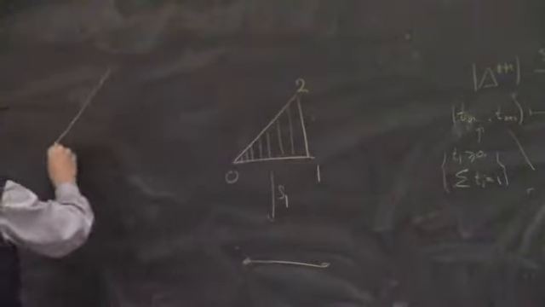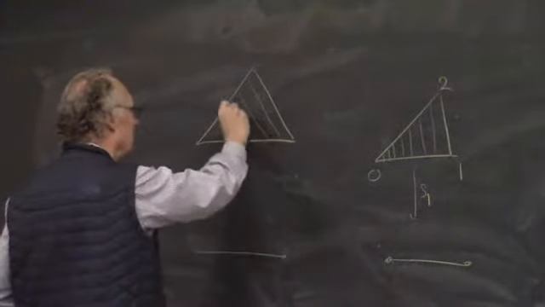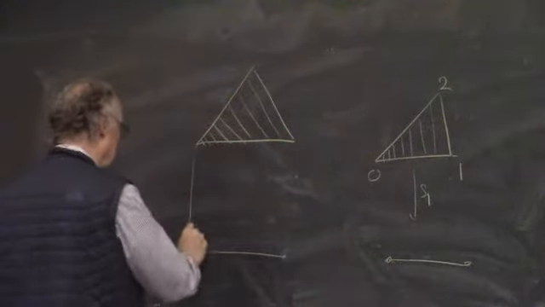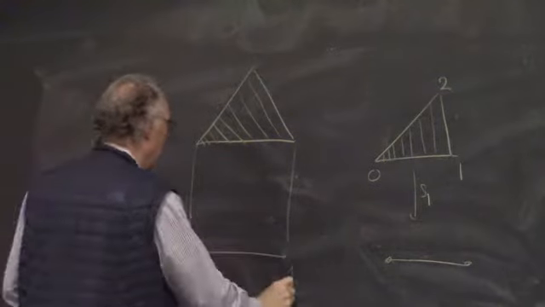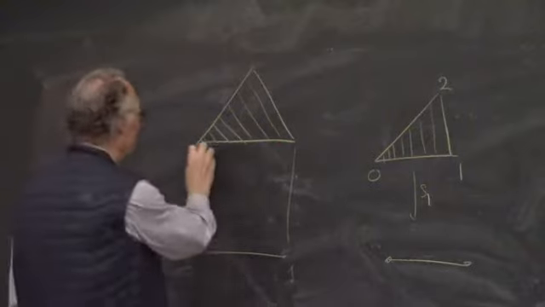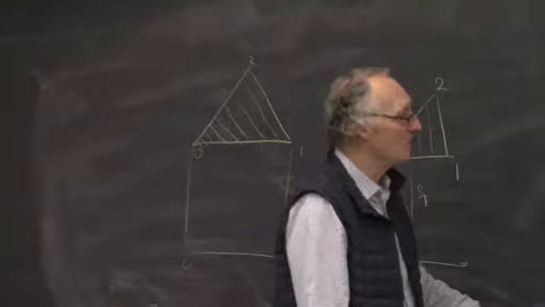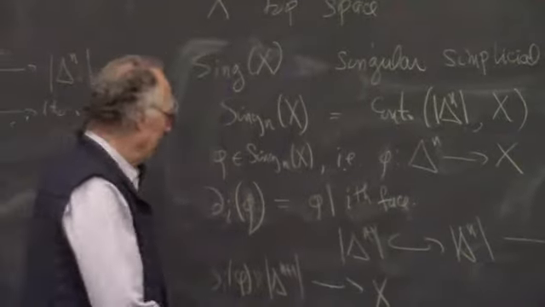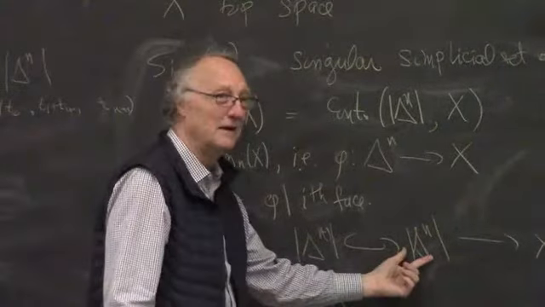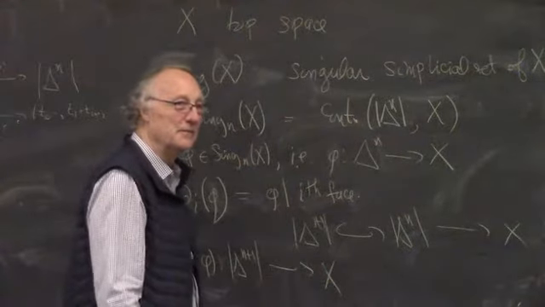If I drew it in the standard way, then the fibers, the preimages of points, would look like that. This would go to 0, this would go to 1, and these are the level sets. So this really is the restriction to the face, and this really is the pullback under the degeneracy.